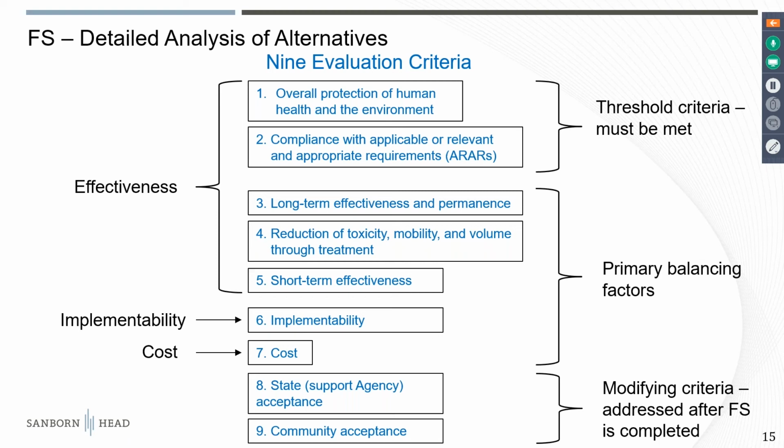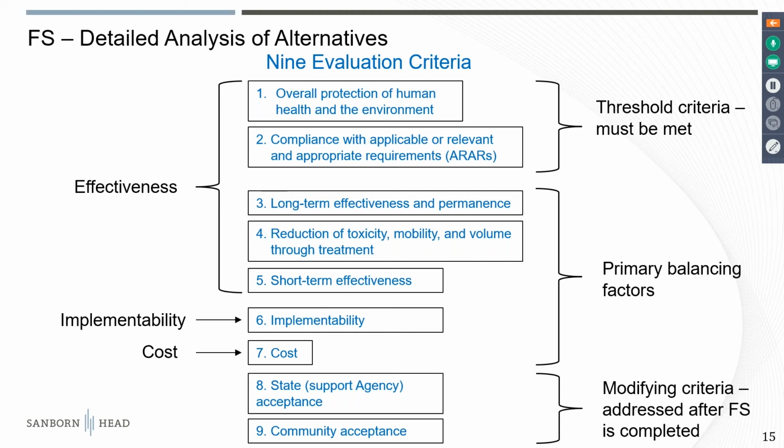The next group here is balancing factors. So these are important, but not necessarily does each alternative have to hit a home run on each one of these. These are where the alternatives start to distinguish themselves from one another. And then the bottom 2, 8 and 9, these are the modifying criteria.